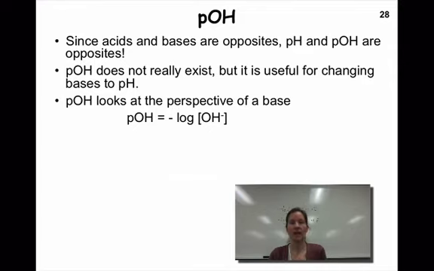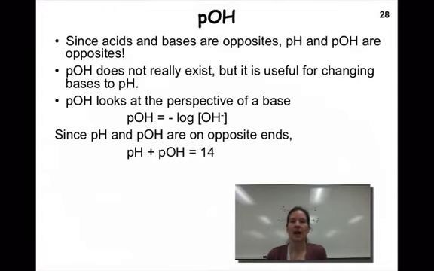Okay? And the two equations that we've got: pH is the negative log of H+, and 10 to the negative pH is the concentration of H+. We can do the exact same things with pOH. Okay, so pOH equals the negative log, but that pOH has a relationship with OH- rather than H+.